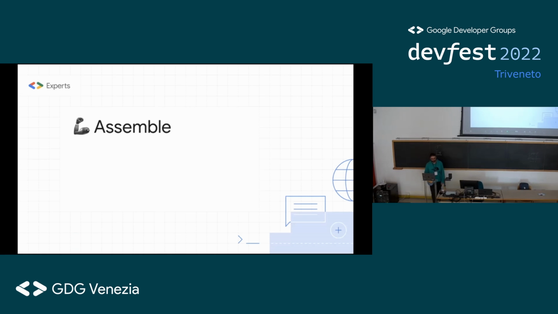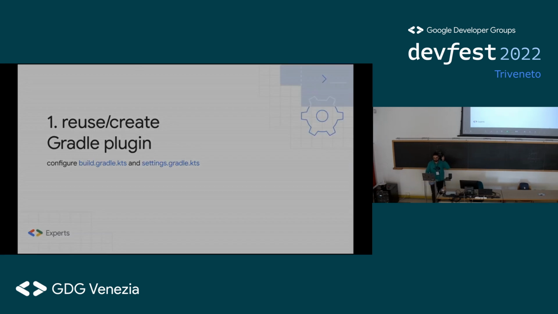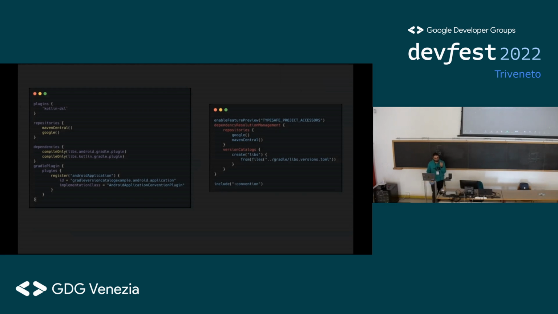Okay, let's go through the steps we need to actually implement a convention plugin and build our first one. First, we are not creating another plugin because we already have a plugin and we can reuse it, and we just need to add some lines to it.